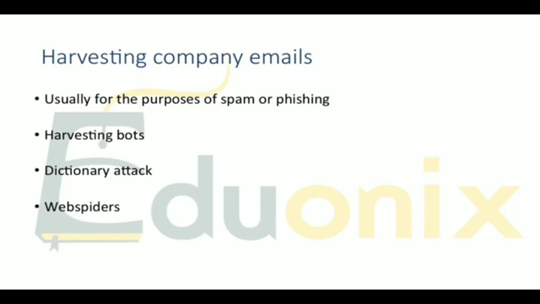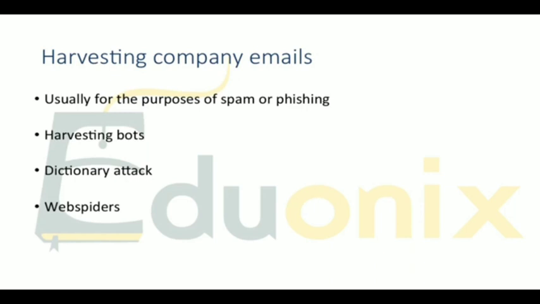Spammers may also use a form of dictionary attack known to harvest email addresses. This is called a dictionary harvest attack, funnily enough, where valid email addresses at specific domains are found by guessing email addresses using common usernames.